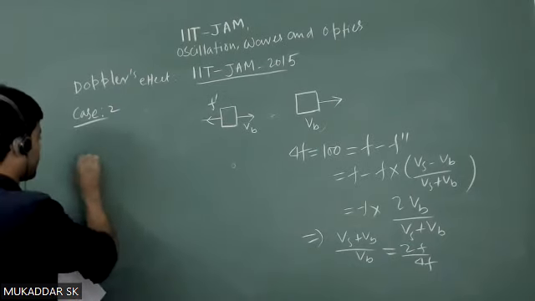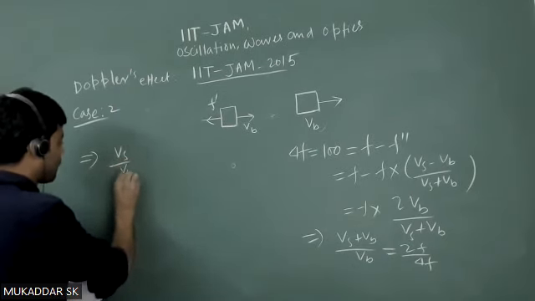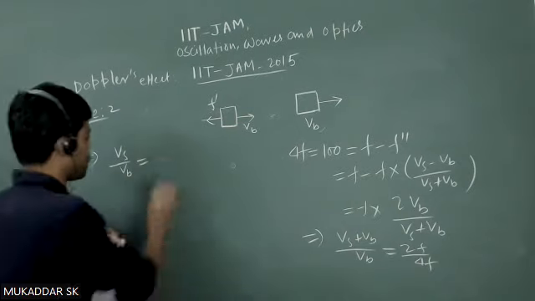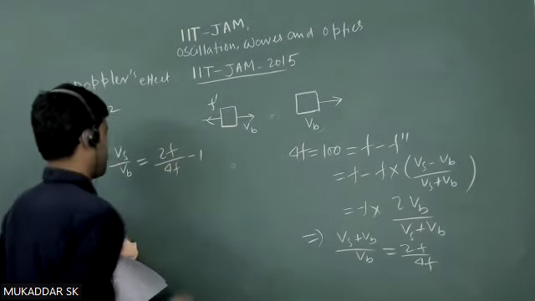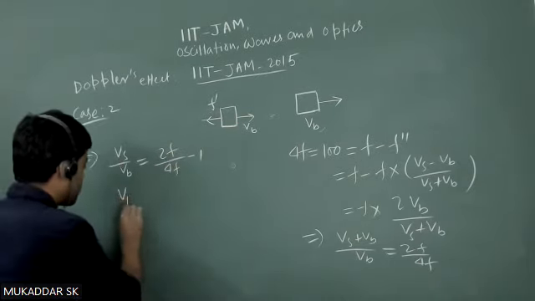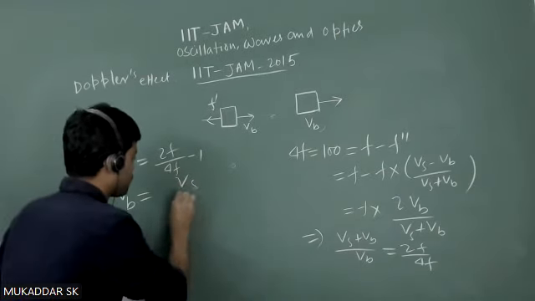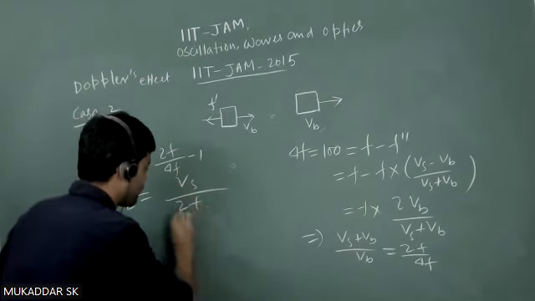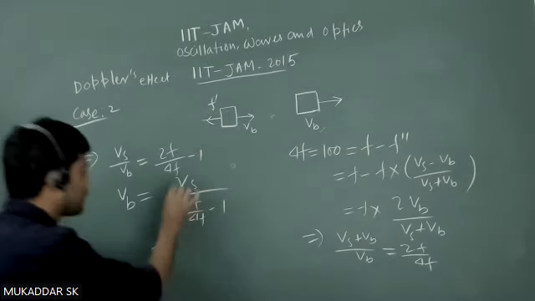So I can write Vs by Vb equals 2f by delta f minus 1. It means Vb, the speed of the blood cell in the vessel, will be Vs divided by (2f by delta f minus 1). And everything is provided.